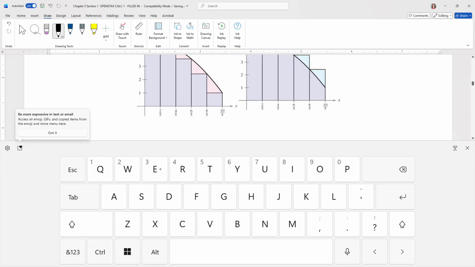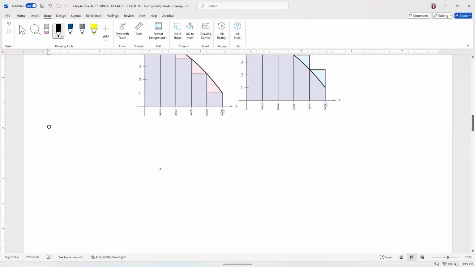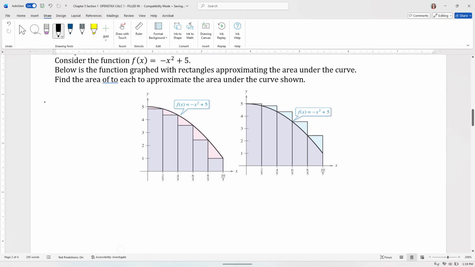The one on the left is an under approximation. Some people say it's a lower approximation, because it's not going to be counting all these little areas that we have here. Those are left out. The one on the right here is either an above or an over approximation.